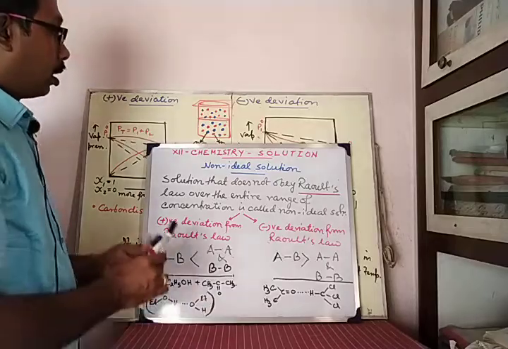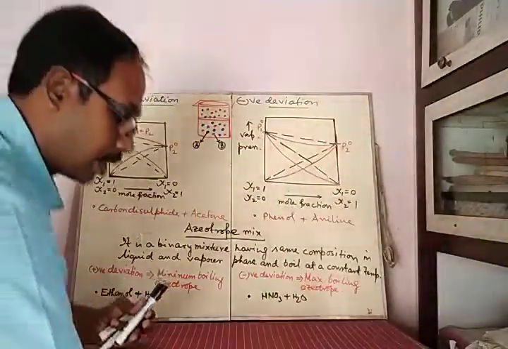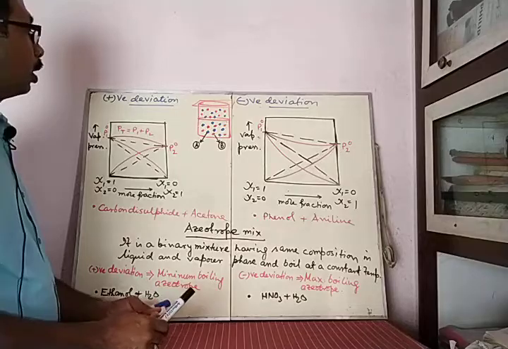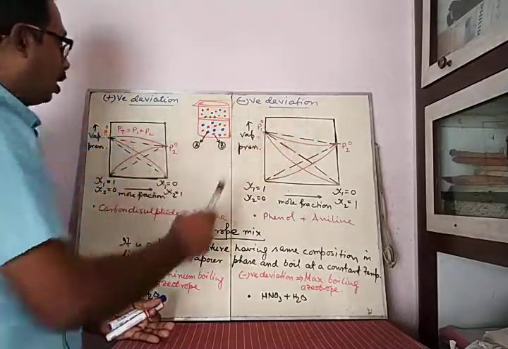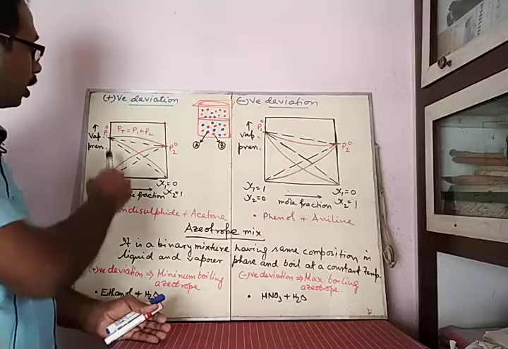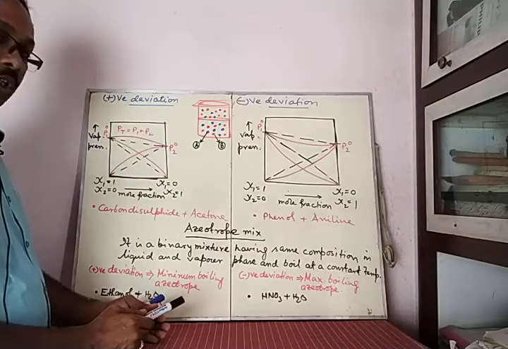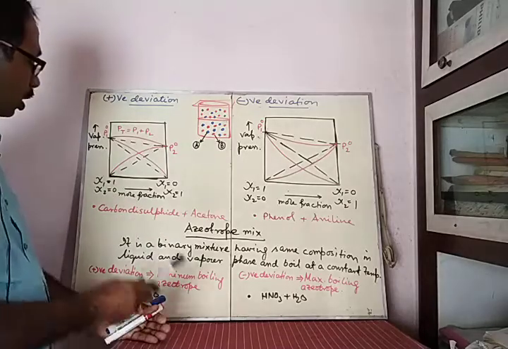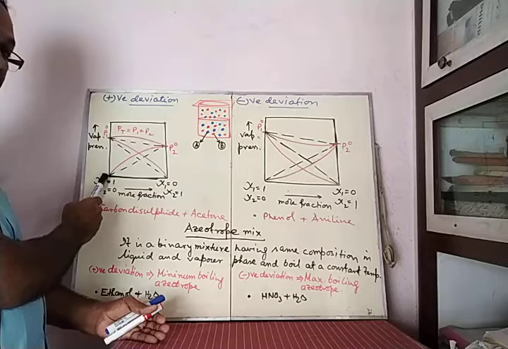Now let us find the graphical representation of these two situations, positive deviation and negative deviation. Here is a graph for two component liquid mixture vapor pressure graph. Here vapor pressure is plotted against mole fraction. So here chi1 equals 1 means component 1 is there.